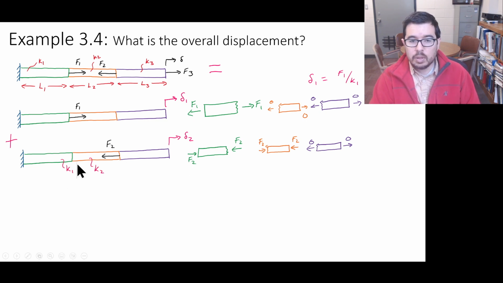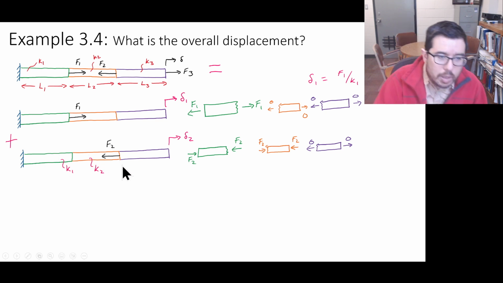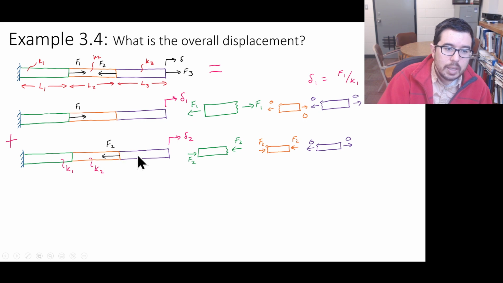K1, K2, these are the relevant stiffnesses for these members, and the force F2 is acting through both of these members. Now, which direction is this force acting? It's acting opposite the direction of delta 2 here, and it's acting to put these two members in compression.